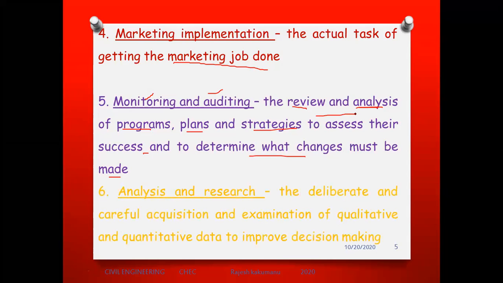Sixth one is analysis and research: the deliberate and careful acquisition and examination of qualitative and quantitative data to improve decision making. In the sixth process, the sixth strategy, analysis and research. For example, you have a spices shop.